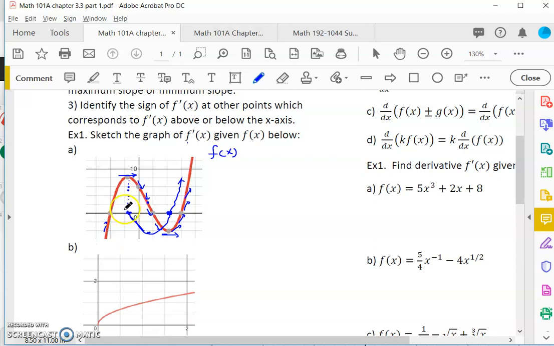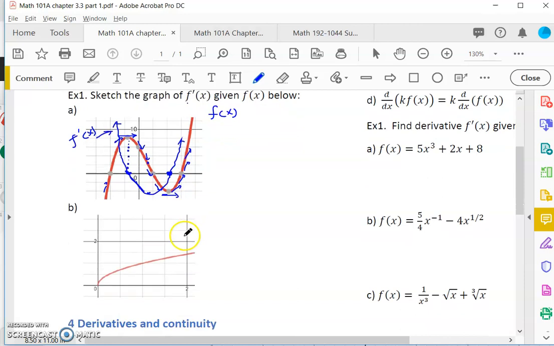It is not very positive here because it's turning to 0, but it's going to become more and more positive. So this graph is our f prime of x. At any point, it tells us what the tangent line slope is.